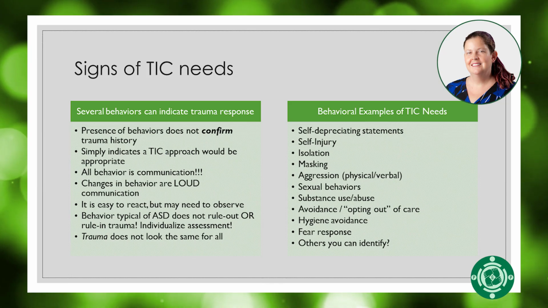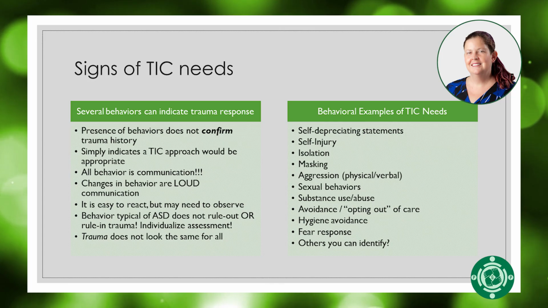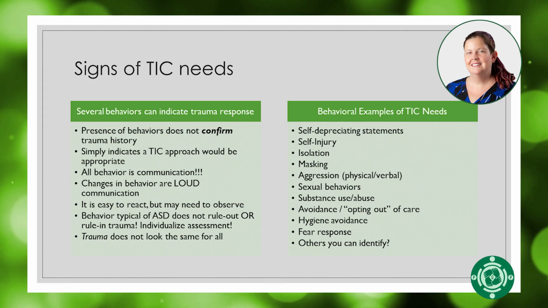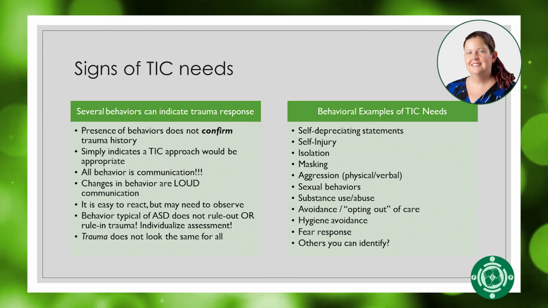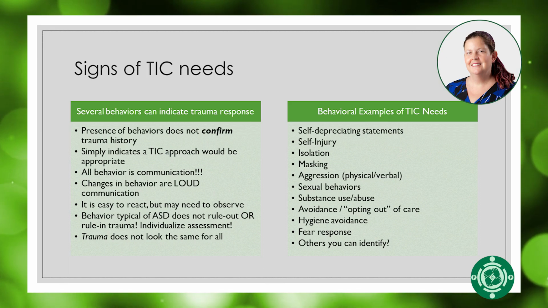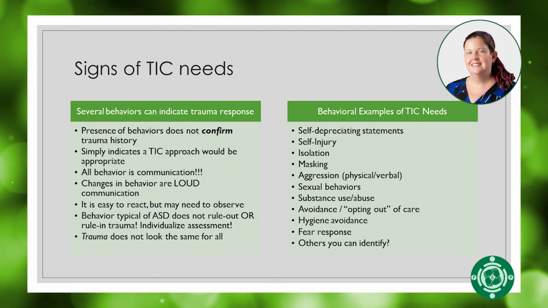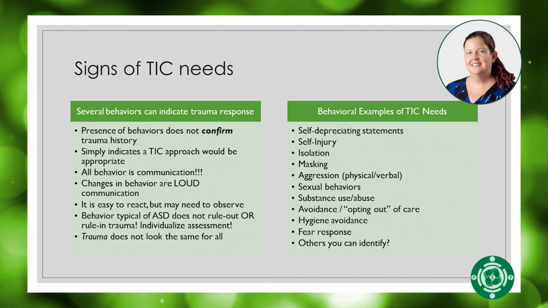So there are many behaviors that we know are common in autism, and it can be easy to write those off as simply autism symptoms, but sometimes there is another cause, such as a trauma history. That's why we want to use an individualized approach when we see these things happen.